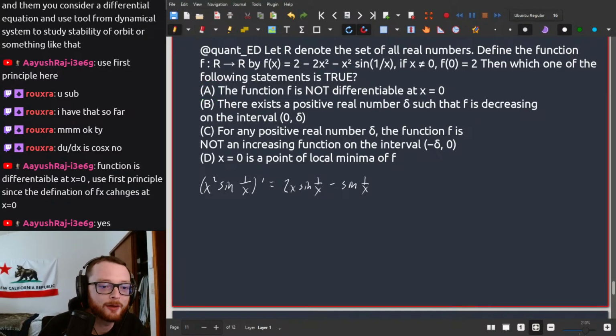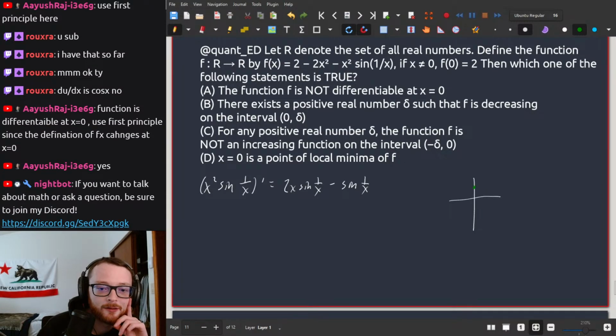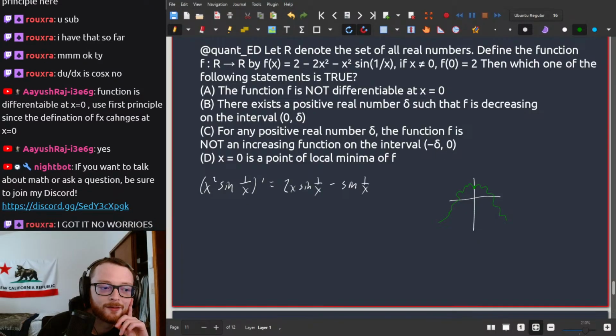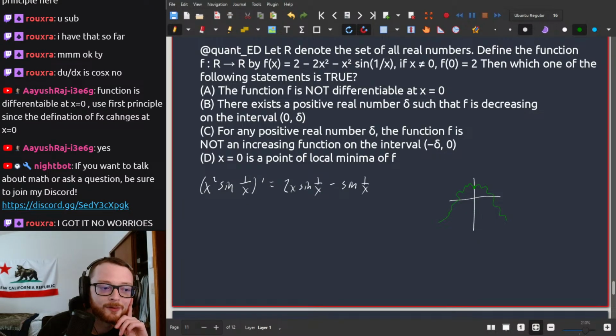Maybe I lied when I said I can do this question. Okay, I can see visually f of x should look, this is really hard to draw, but something kind of like this? You got it? Okay, awesome.